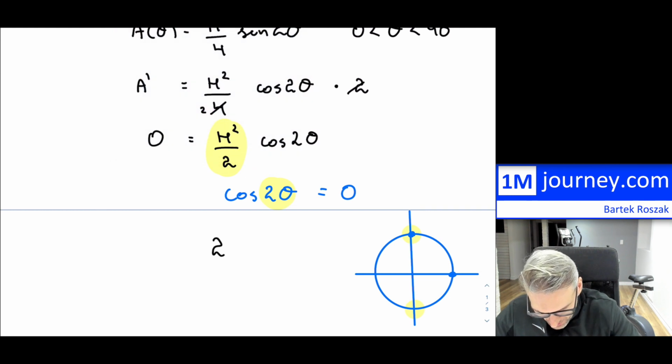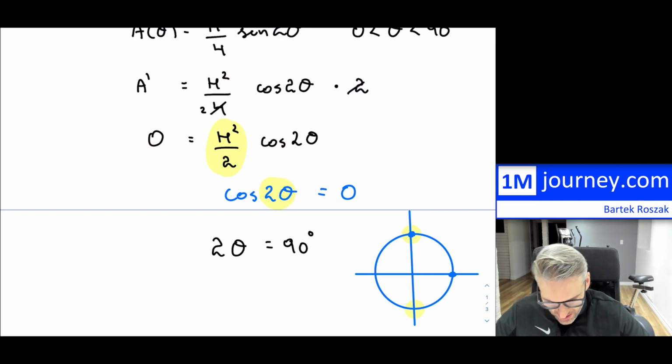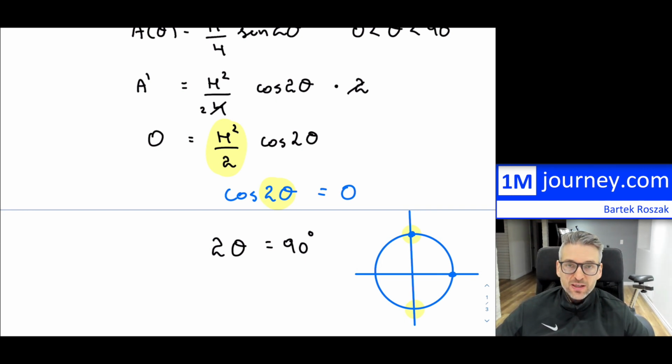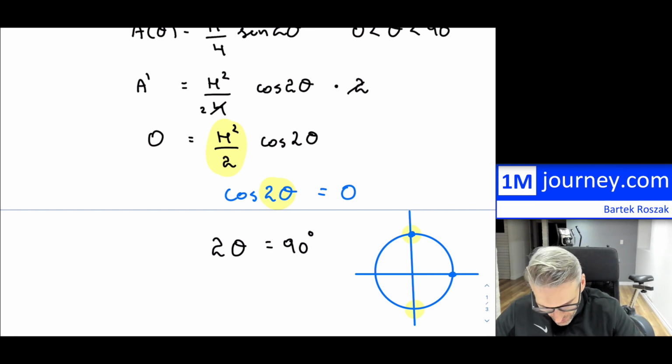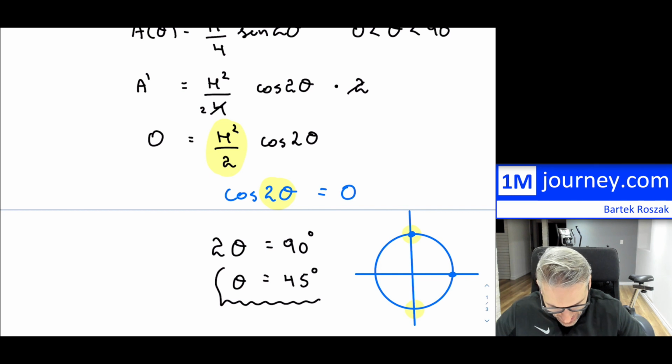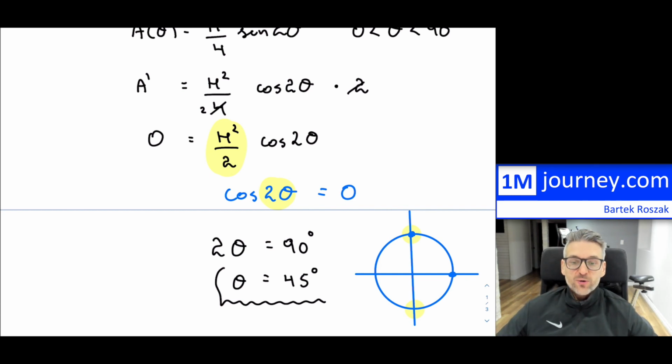So that is telling me that this 2 theta has to be equal to 90 degrees in order for cos to be equal to 0. Of course, dividing by 2, you're going to find out that theta must be 45 degrees. And that is the angle that we were looking for.